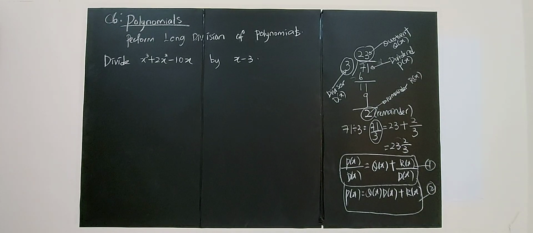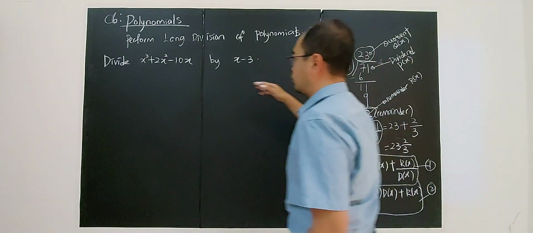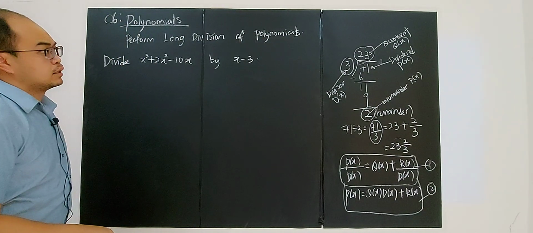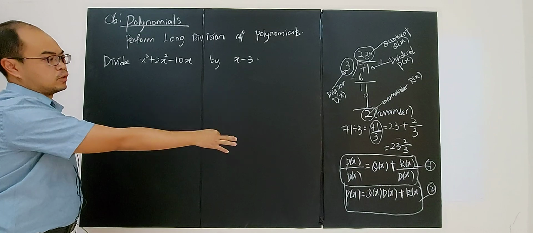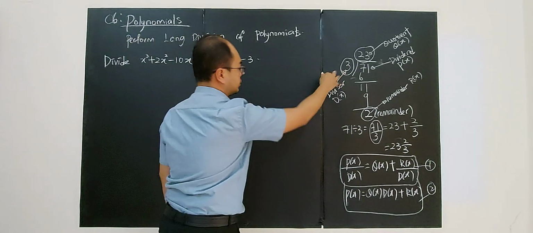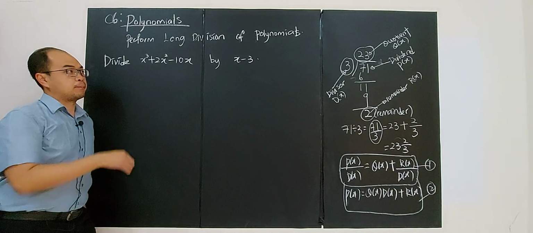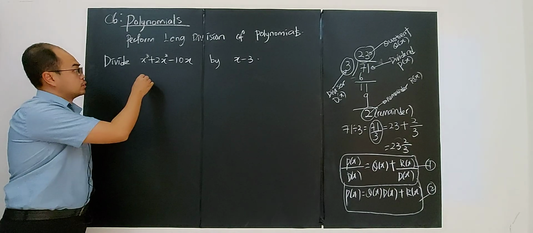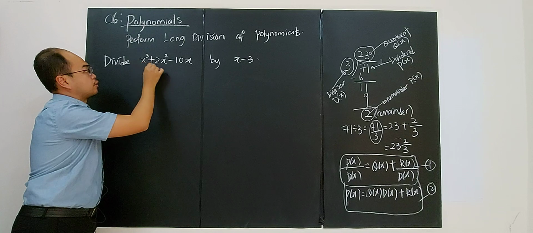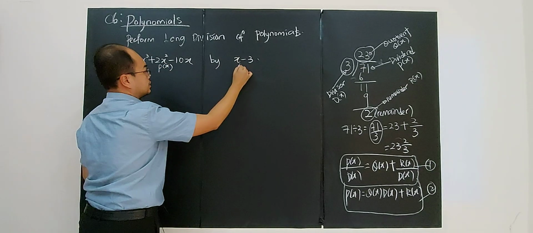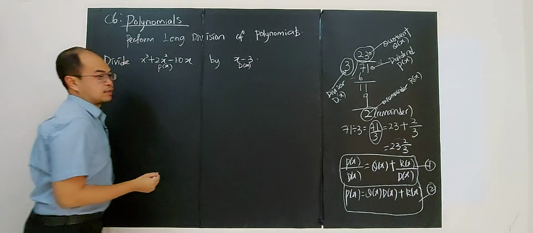I'm going to show you the meaning of this division by using the knowledge of long division, just like you do with numbers. This is now a polynomial. This is your P(x), divided by D(x), your divisor.